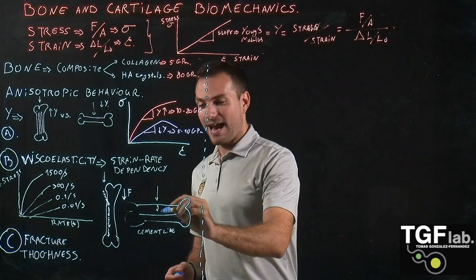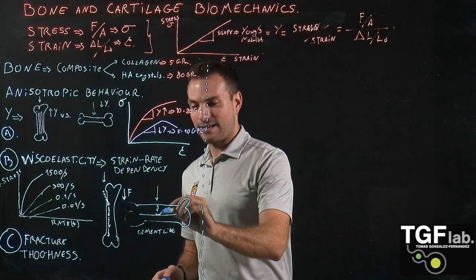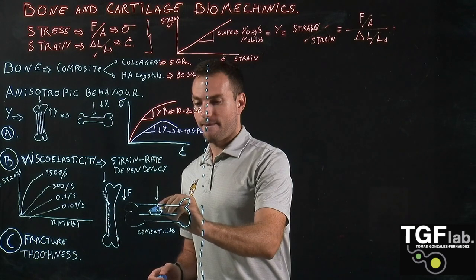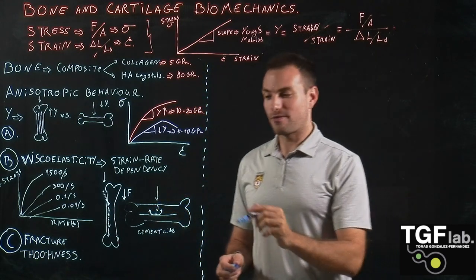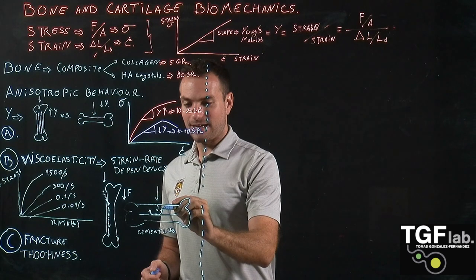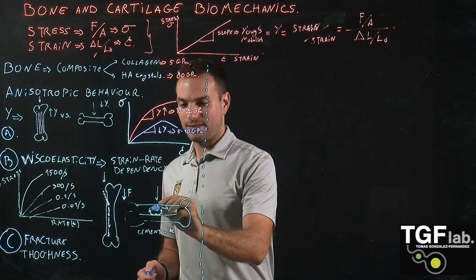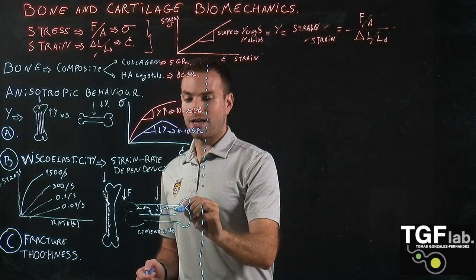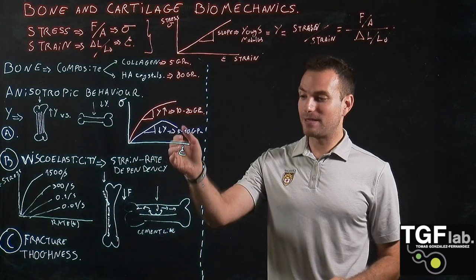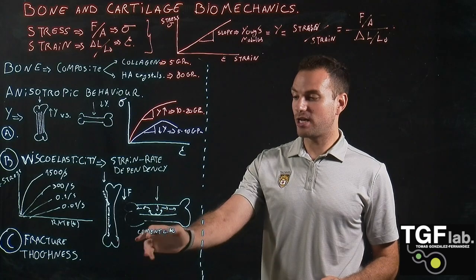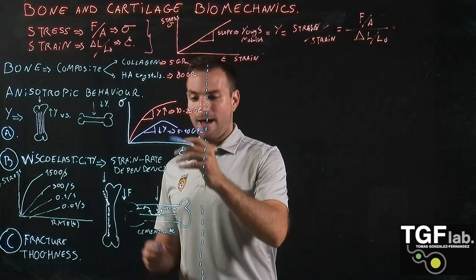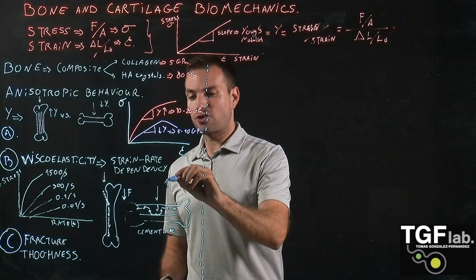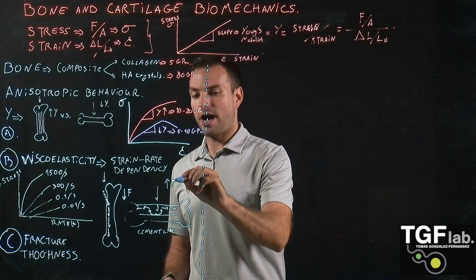And then the cement line is going to dissipate the energy back to the surface of the bone. So then the crack is going to expand parallel to the direction of the collagen fibers. And due to this dissipation of the energy by the cement line, if we receive a hit in this direction, the fracture toughness is going to be much higher.